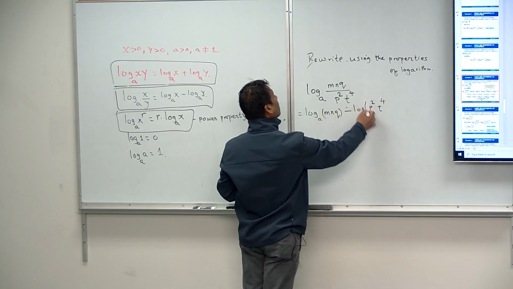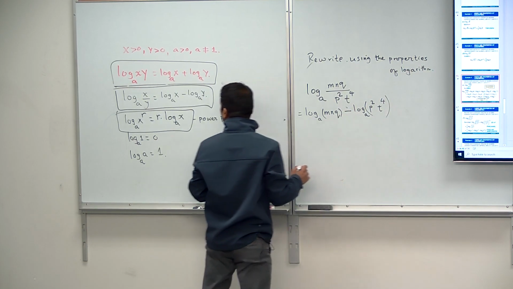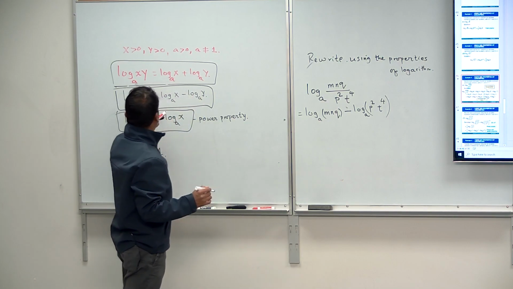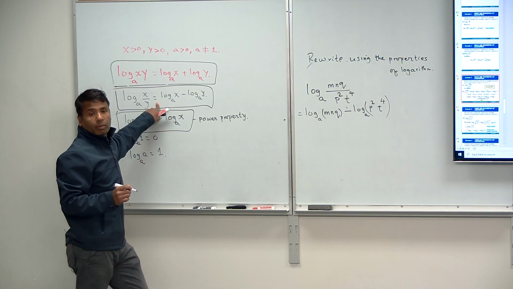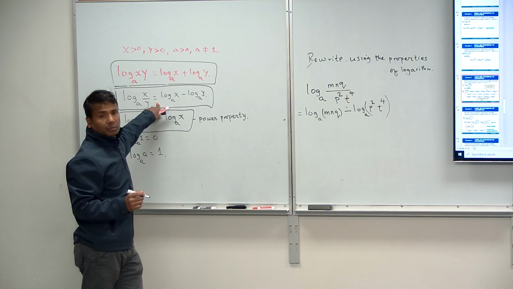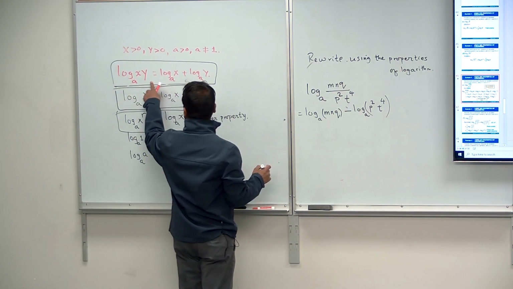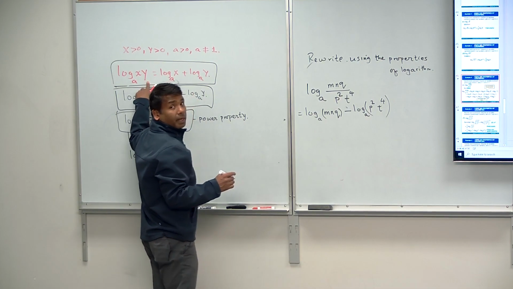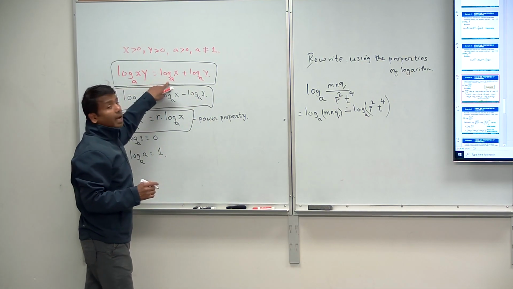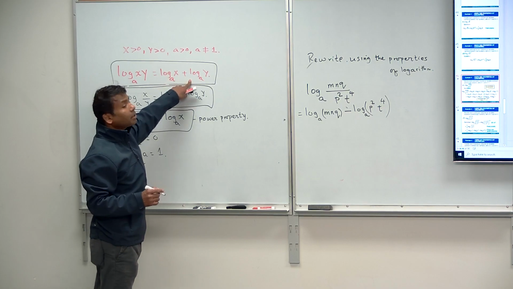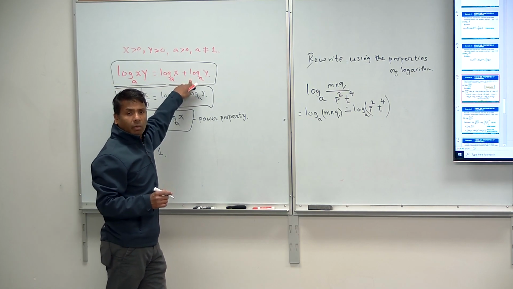So this is using the quotient property, and then use the product property. Logarithm with base a of x times y is what? Logarithm with base a of x plus logarithm with base a of y.